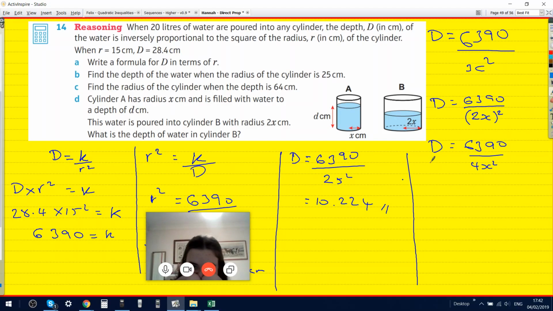You're told the depth is the same? Hold on. Cylinder A has a radius x and is filled with water to a depth d. Hang on, so we want the depth of water in D. Let that be little d.